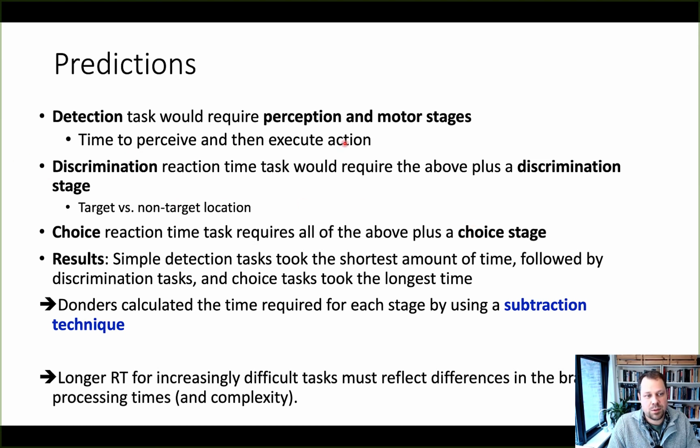And then our control condition would be a discrimination stage. So in fMRI, we want to have one condition that has all of the perceptual elements, all of the motor elements, and possibly all of the discrimination elements, but it doesn't involve the specific choice elements that we're interested in.